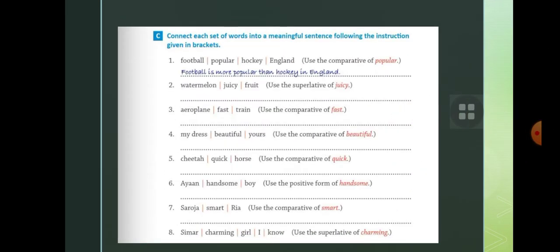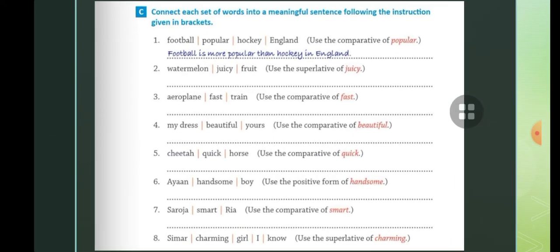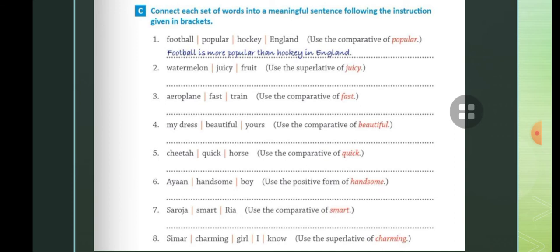So children, the third one, exercise C. Connect each set of words into a meaningful sentence following the instructions given in brackets.